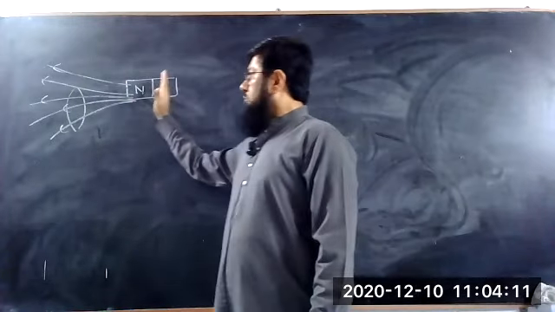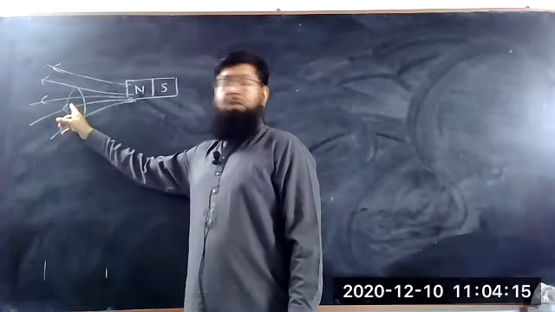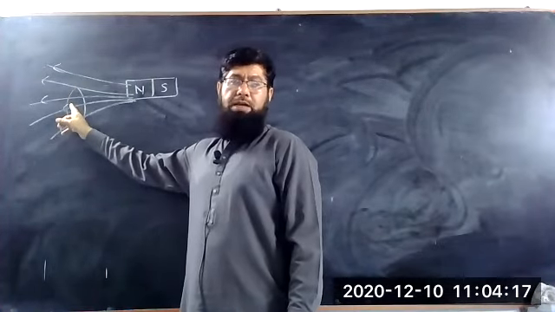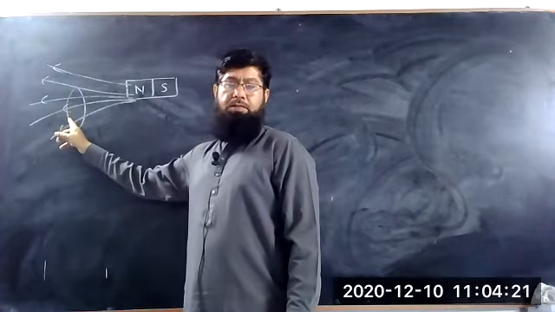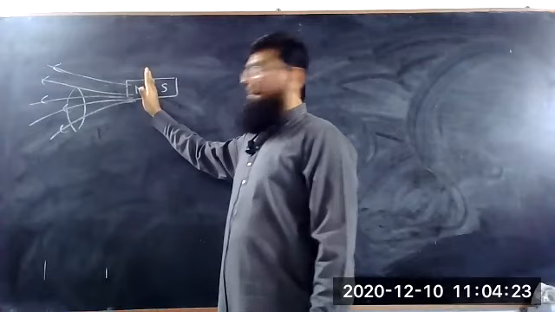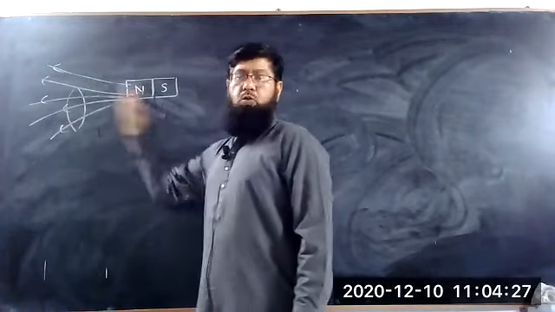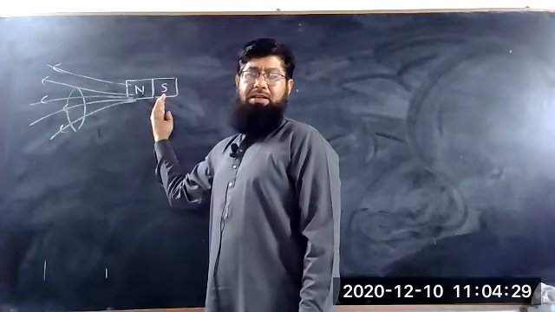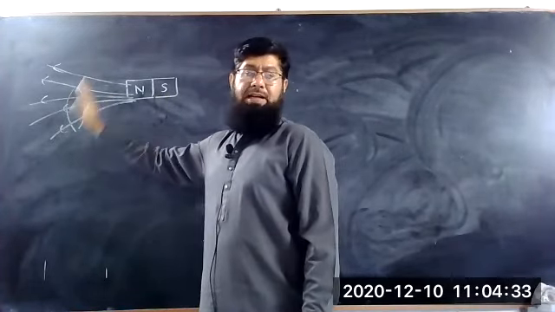If we move the magnet, the flux passing through the coil will change with time, and it will produce EMF in the wire. If the magnet is at rest and the coil is moving towards the magnet, again the coil will feel the changing magnetic flux.